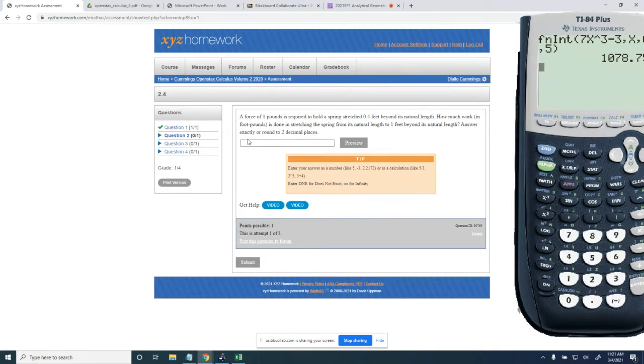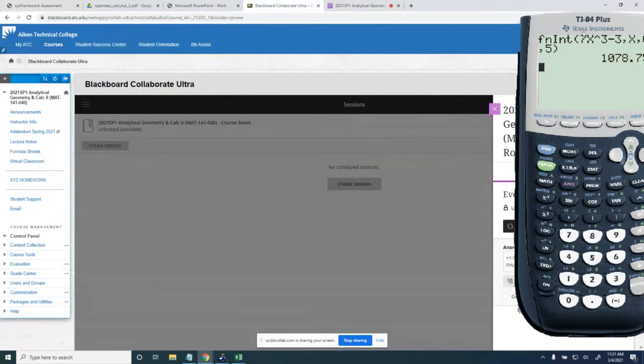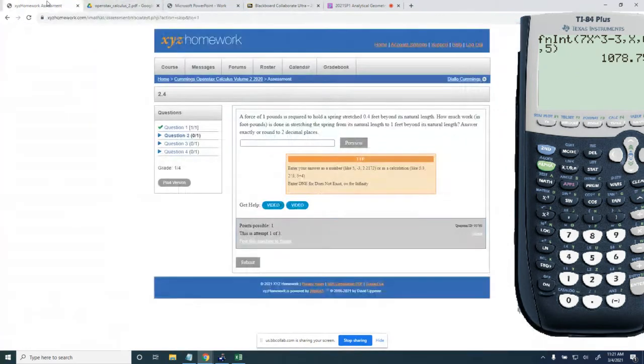And we're also asked to round exactly to 2 decimal places. All right, so I'm going to go back to the camera. All right, so this is example number 2.